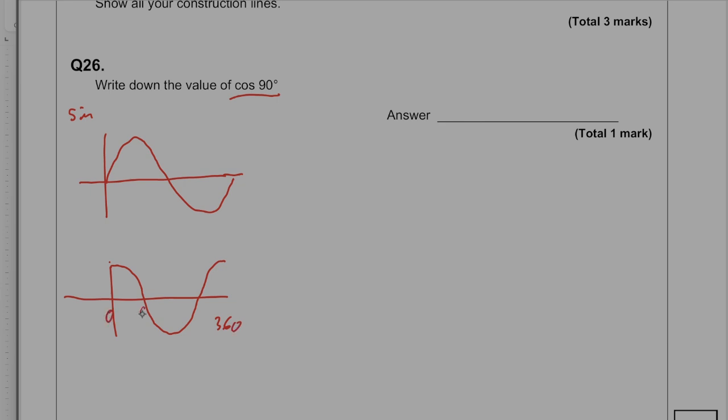So 0, 90, 180, 270. Those are the key ones really. So cos of 90 would be 0. There are other ways that you can remember it. The finger trick is quite a decent one. I always remember it by the pattern of the two graphs though. So I'll put that's the cos graph.